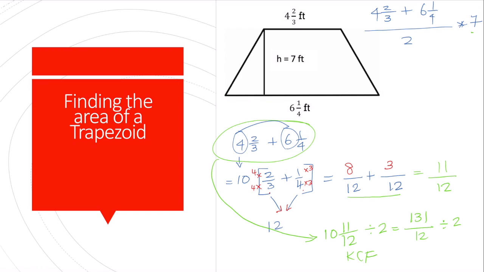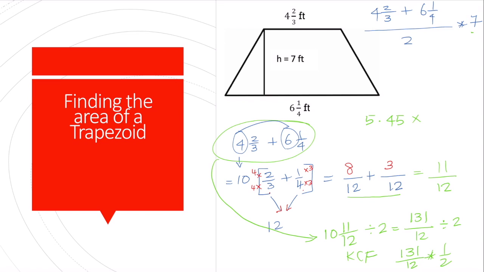I'm going to get 131/12 times 1/2. If I simplify this, I'm going to get 131 over 24, which I can't simplify further. I'm going to get 5 and 11/24 as the addition and division part of this.